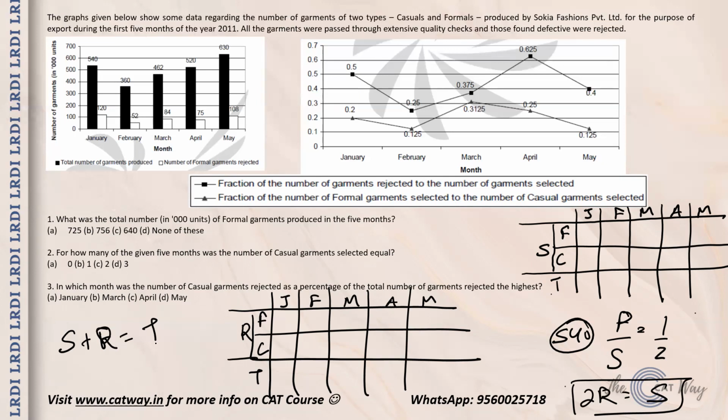Now you know that s is equal to 2r, so 2r plus r is equal to total, or 3r is equal to total. So total is 540, so rejected is 180. So rejected in January is 180, and the total in January is 540.